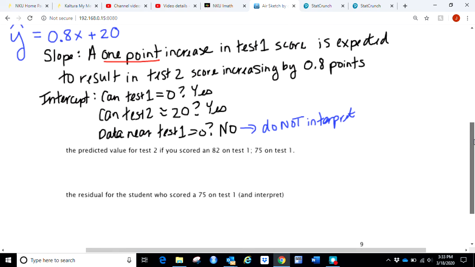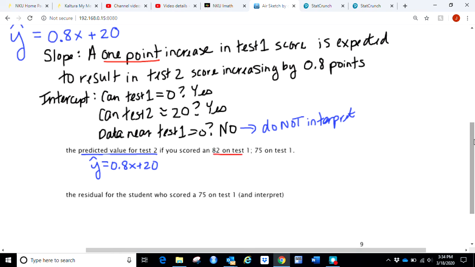Next, we're asked to find the predicted value for test 2 if you scored an 82 on test 1, or if you scored a 75 on test 1. When I read predicted value for test 2, that's asking me to find my y hat, because test 2 is y, and the predicted value is y hat. So I'm going to be using the equation that we had above.